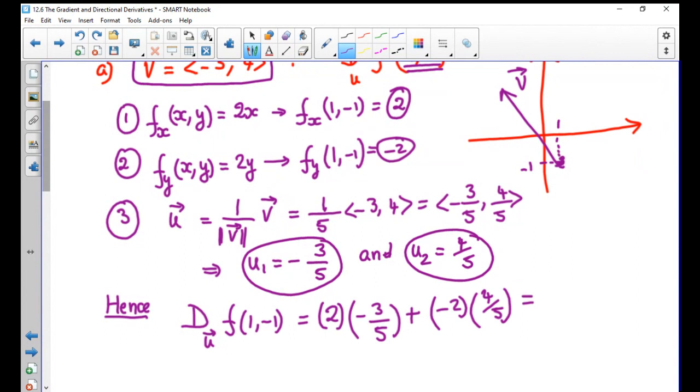And this calculation will give us what? Minus 14 over 5. Okay, great.